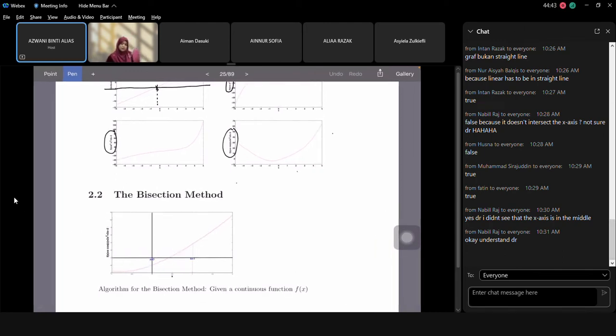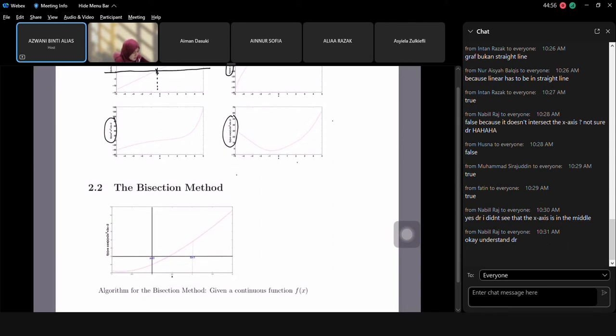Anyone can help to explain what is the continuous function? Siapa pernah masuk kelas saya dulu, kita pernah belajar continuous function dalam calculus.